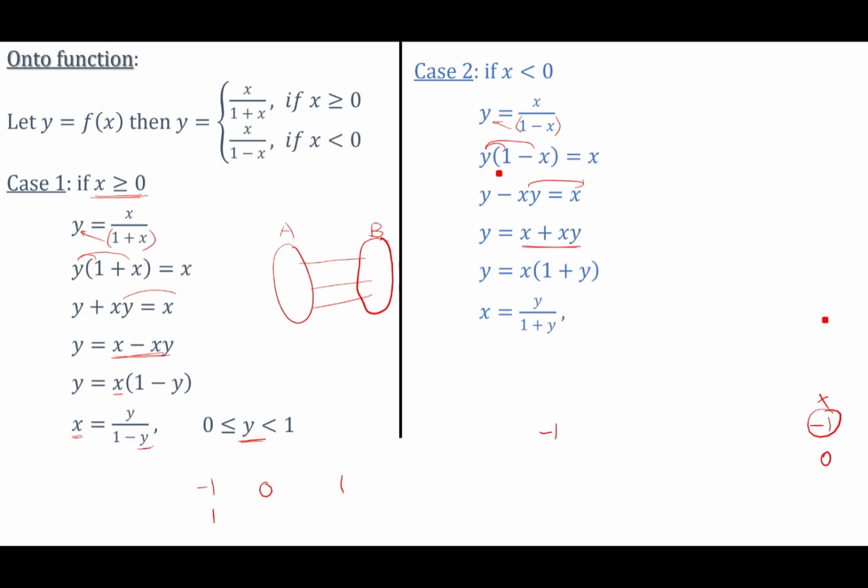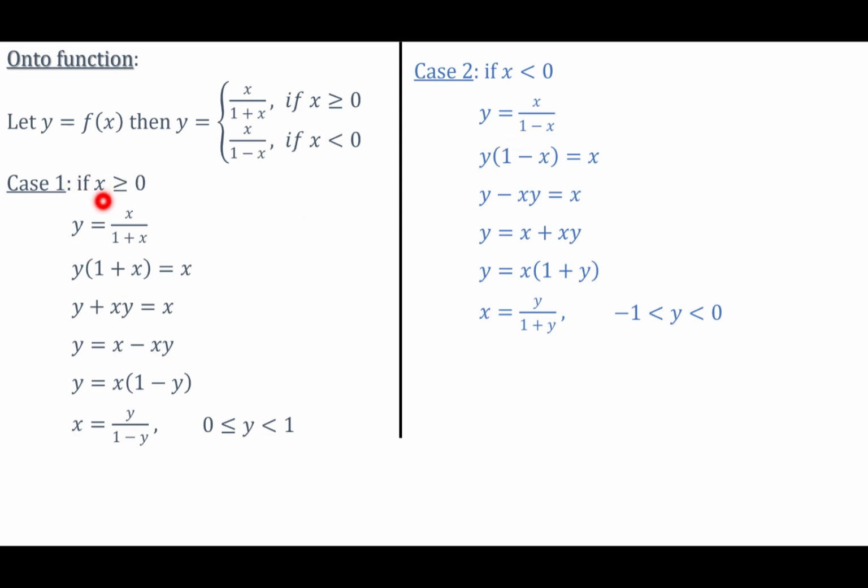In between them, choose any values, like 0.5, -0.5. I get x value as negative. So the y values, I can choose from -1 to 0. Other than that, I don't have pre-images of set B. So the y values must be in between -1 to 0 in this case, if x is less than 0.